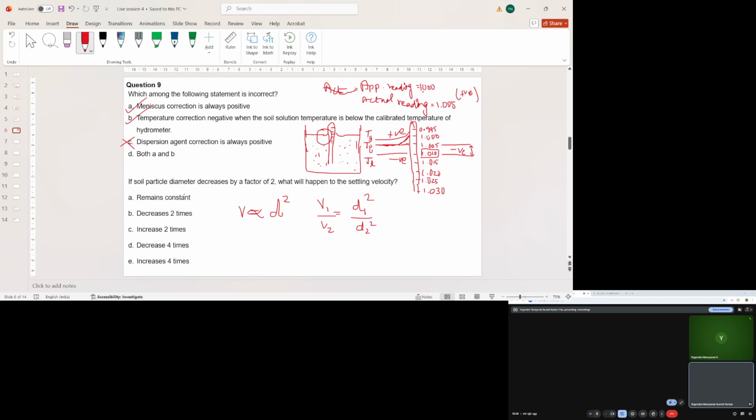All right. Soil particle diameter decreases by a factor of 2. So now D2 is equal to D1 by 2. So V1 by V2 is equal to D1 square by D1 square by 4.